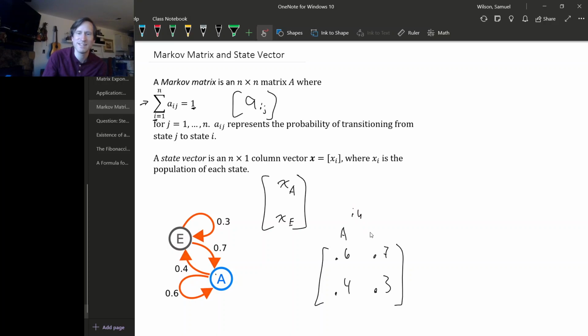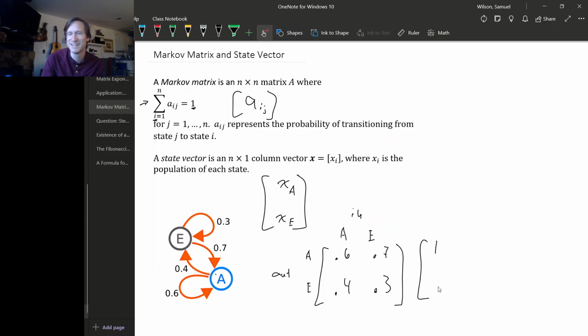So we have our in states here and our out states here. These numbers are telling us the probability of getting certain out states going out, given that we're in a certain state going in.